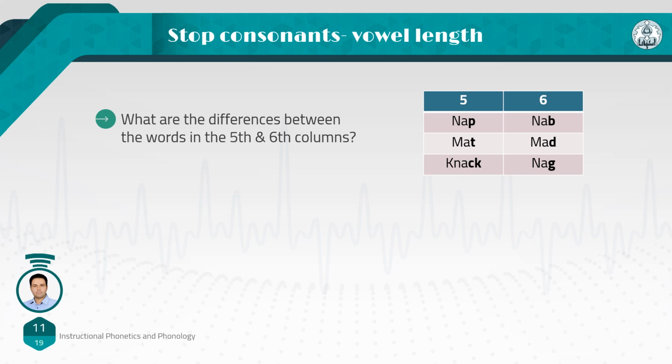But if you listen carefully to the sounds at the end of the words like nap, mat, and knack, you may find that the so-called voiced consonants like b, d, and g at the end of nap, mat, and nag, they have very little voicing and might also be called voiceless.